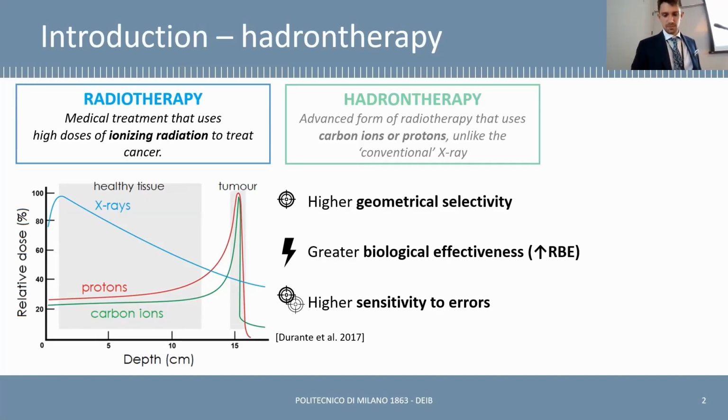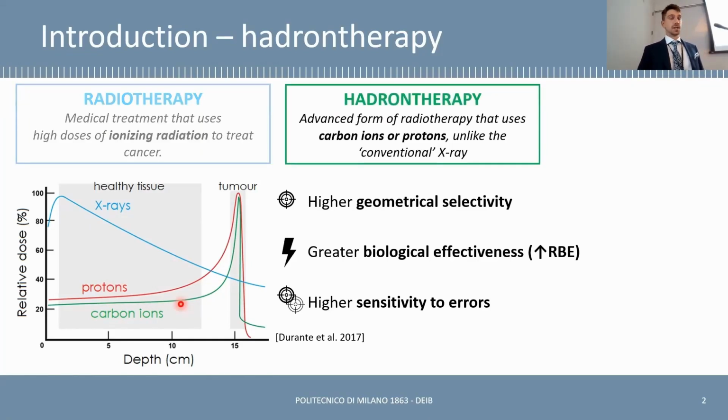This is described by the dose depth profile for X-ray photons here. This graph also shows you the nice advantage of the other technique, hadron therapy, which is called the Bragg peak.